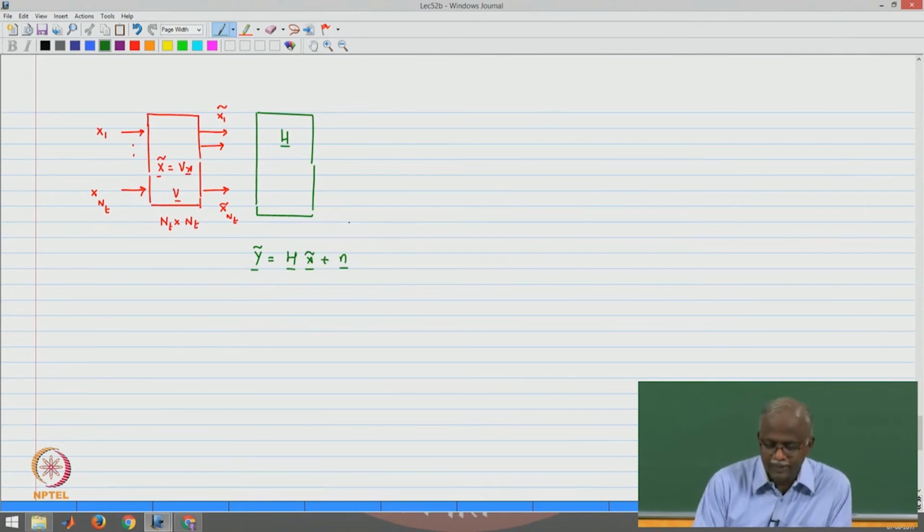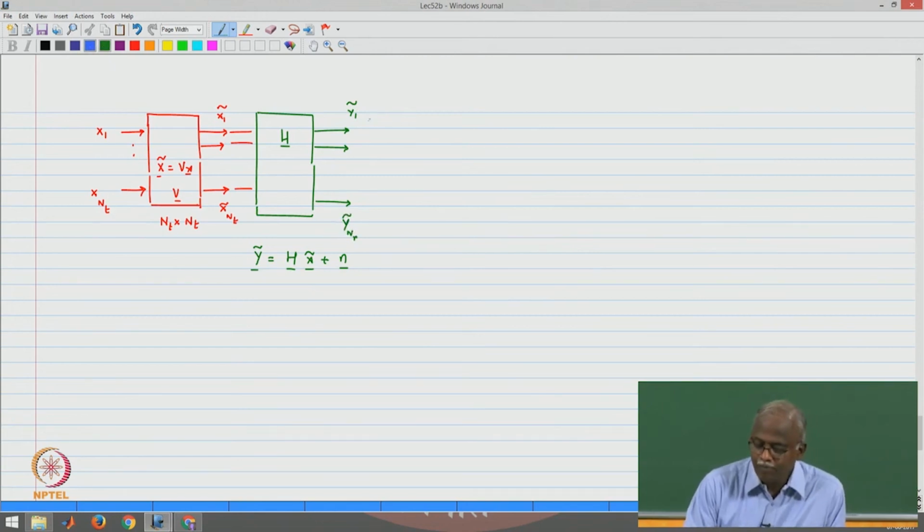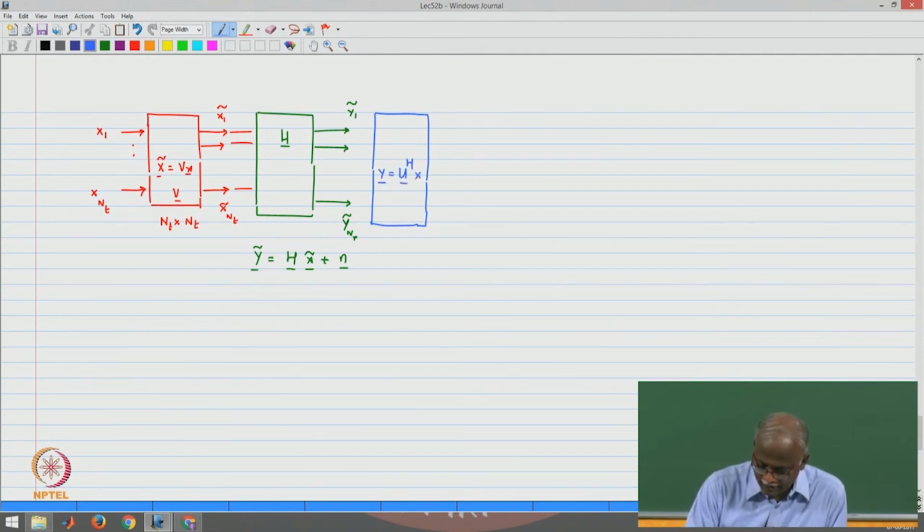If you were to connect these, the modified input passing through the channel and the channel producing the outputs y1 tilde to ynr tilde, and then we have the post processing step at the receiver, where we take this and do the following transformation, where y is equal to U Hermitian times y tilde.